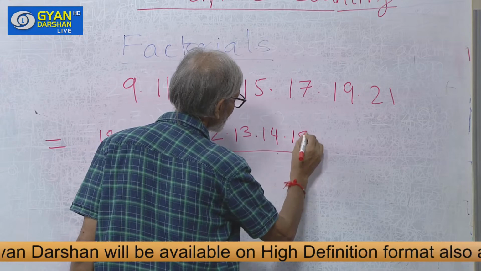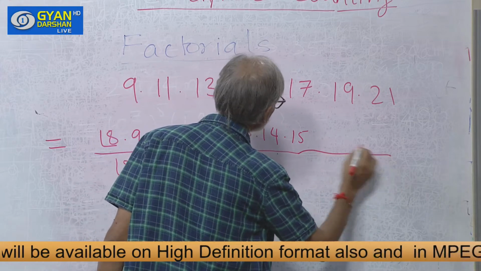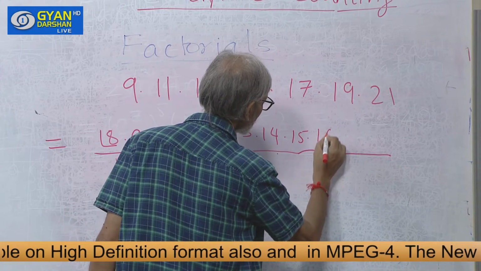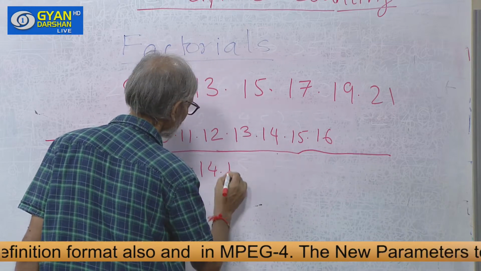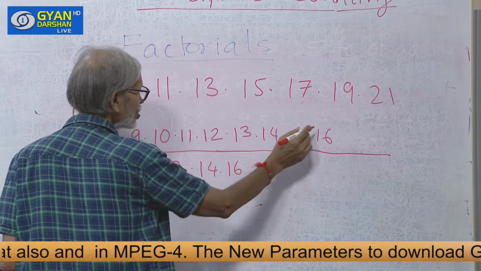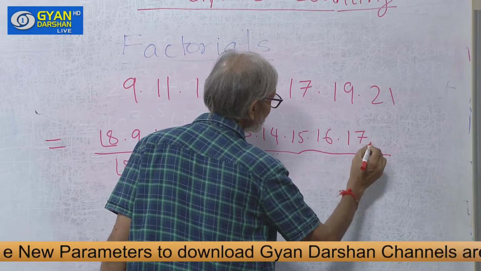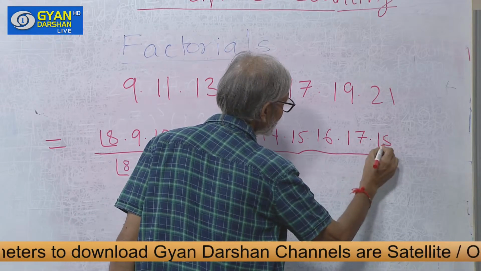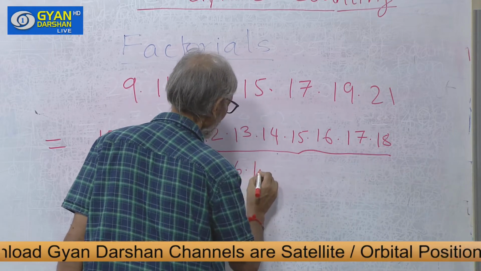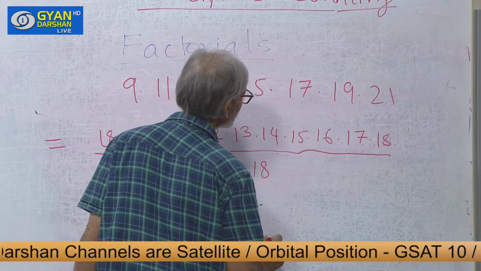Again 15 is there, but 16 is not there. So, I will multiply by 16 in both numerator and denominator, and then 17 is there, but 18 is not there. So, then again I will multiply at both places.